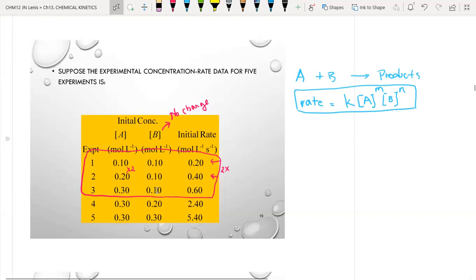We use the same concentration of B. We don't want to make changes here because we are analyzing how changes here affect rates here. And what happened? By how much did we increase the concentration? From here to there, we increase 3 times. 0.30 is 3 times bigger than 0.10.